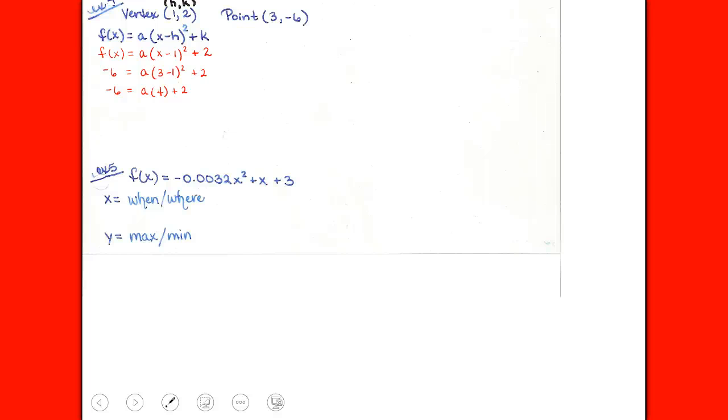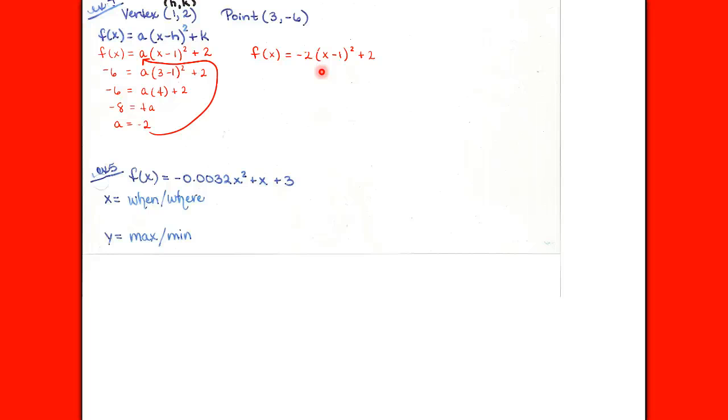Then what? All right, so we'll subtract 2. And then what? Perfect. Divide by 4, and we'll get a is negative 2. So take that negative 2 and put it back up into the equation. And that'll give us the equation for our quadratic that has a vertex of 1, 2, and goes through the point 3, negative 6.